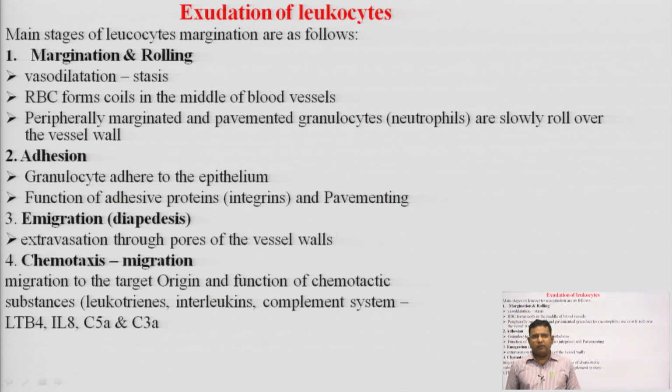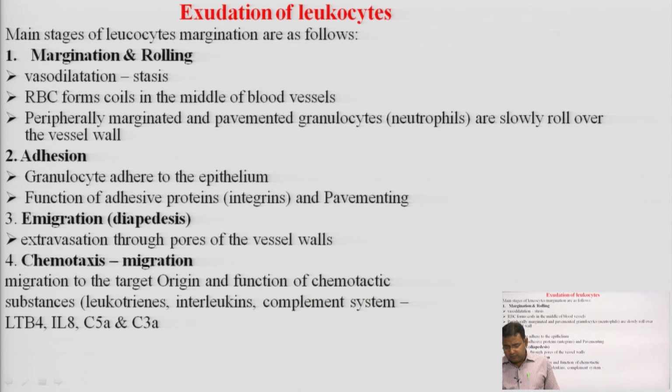Third one is emigration, which is diapedesis. Extravasation through pores of the vessel wall is called emigration, which is also known as diapedesis. Extravasation through pores of the vessel walls means through the gaps of the vessel walls. Chemotaxis, this is migration.